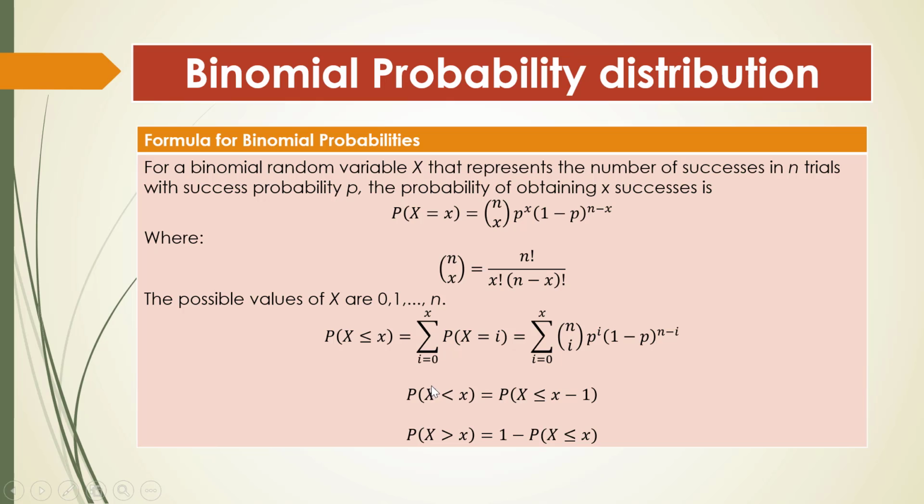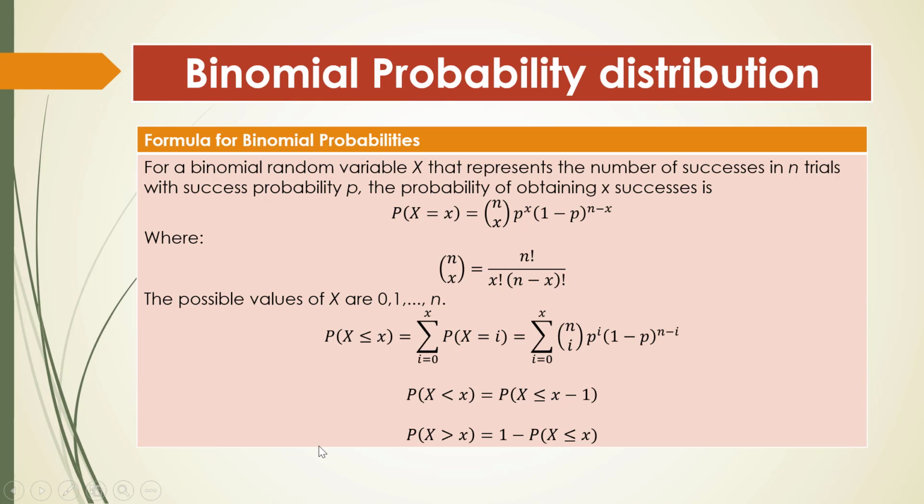So probability X less than little x is equal to probability that X is less than or equal to x minus 1. For example, the probability of getting less than 5 tickets is the probability of getting 4 tickets or less.